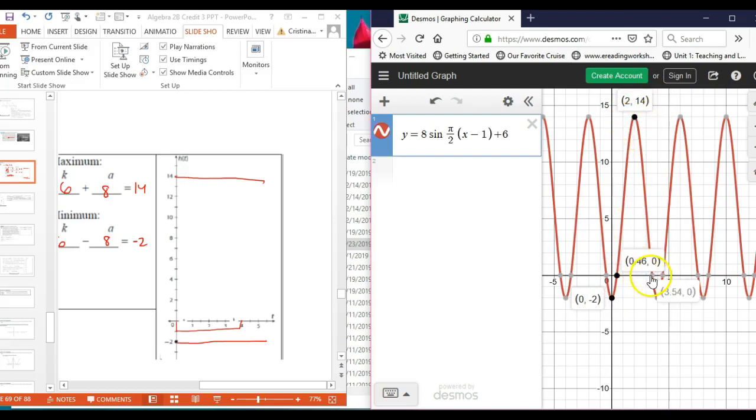Notice how it's halfway between. Oh, cool. So here you'll notice it starts at 0, -2, goes all the way up to 14, and back down. Okay, and that happens within 4 seconds, and then it just goes on repeat. So we're going to record this on our paper right now. So let's do that.